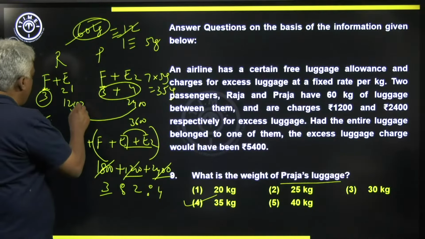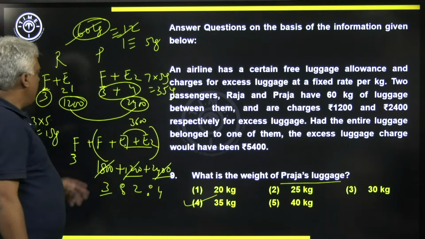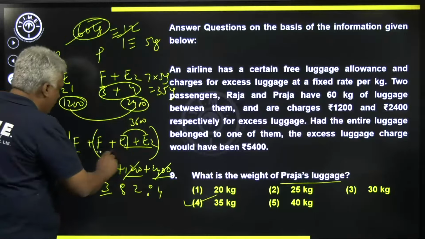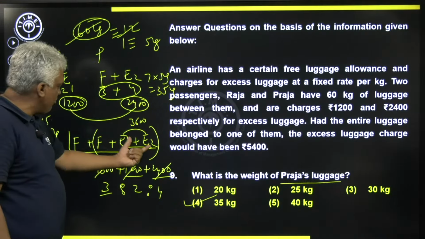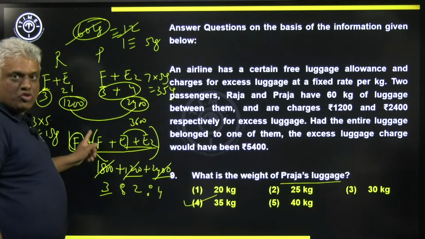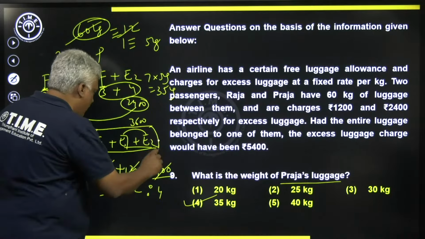This guy was paying 1200 for the extra, this guy is paying 2400. So they're paying 3600 for the extra. Now when one guy is carrying all the luggage, the free part was 2 times, and extra 1, extra 2. Now here one part is free, but the other part which was free, now with one person, that person has to pay for it as extra, right?